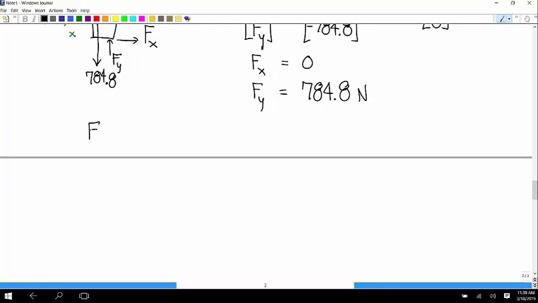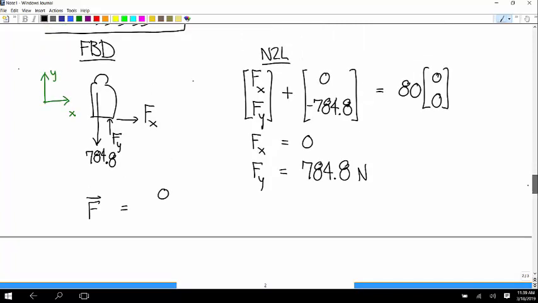And so altogether, the force that the scale applies to the person's feet, if you do the algebra, add 784.8 to both sides, is 0 for x, 784.8 for y. Or in other words, you can also think of that as an upward force of 784.8.